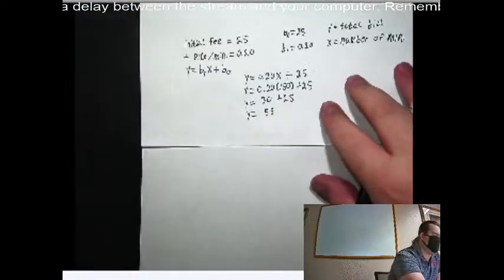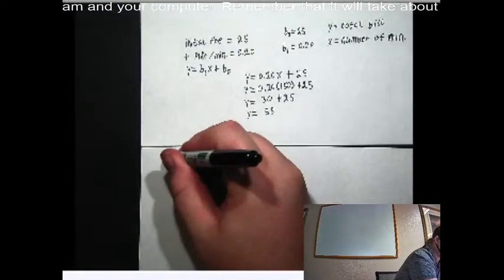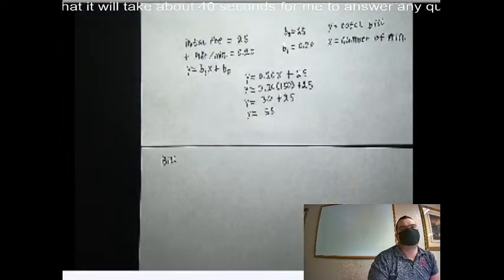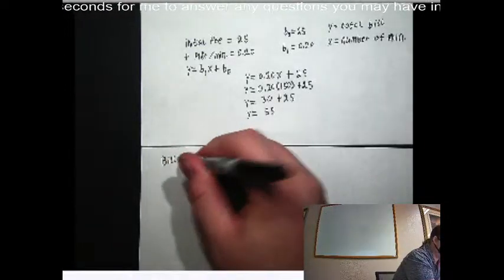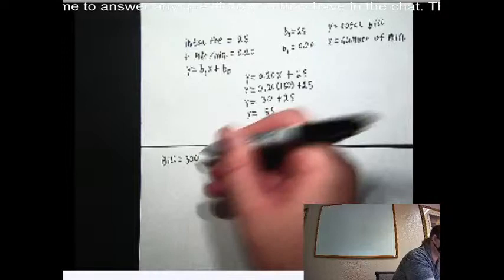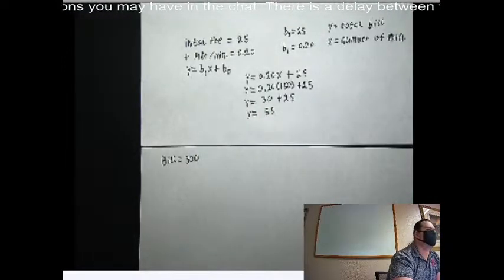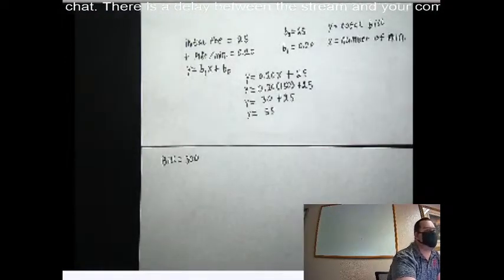Something like, okay, the bill is, I don't know, $300. Big bill. How many minutes were used? So they might give you one variable, they might give you the other variable.